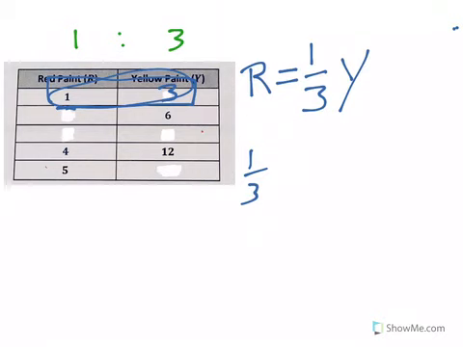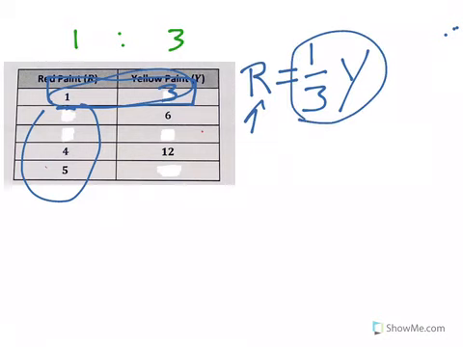So knowing that R is 1/3 of Y, you can then solve for R by using this equation anytime.